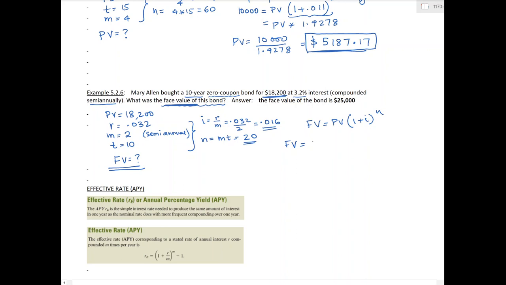I know present value, which is 18,200. 1 plus 0.016 raised to the power 20. Simple arithmetic, and if you do it, you're going to get $25,000. So that means Mary Ellen is going to get $25,000 after 10 years if she puts in $18,200 now.